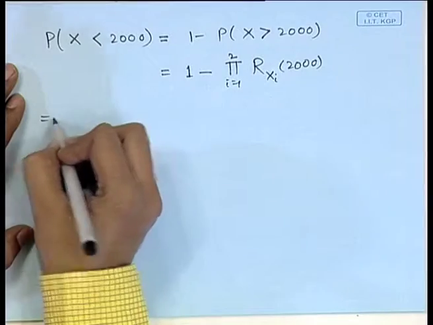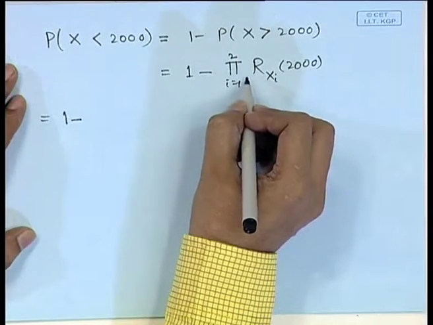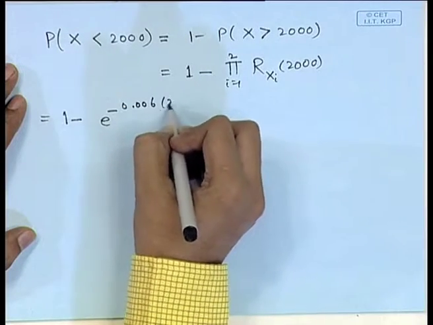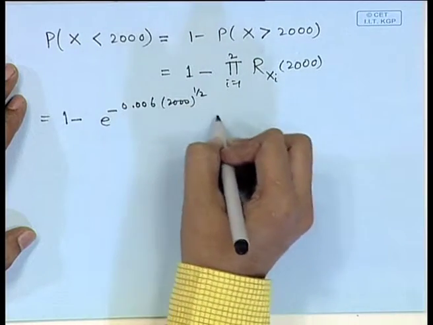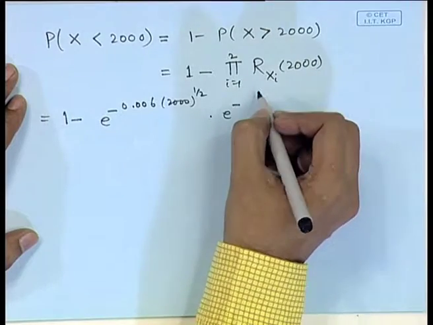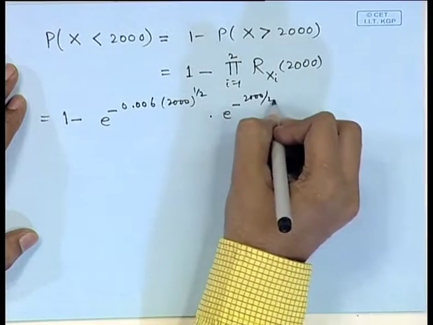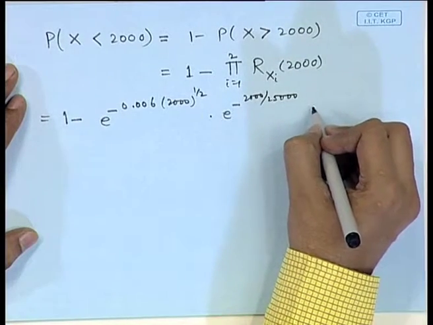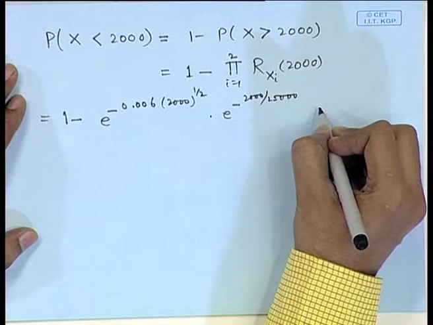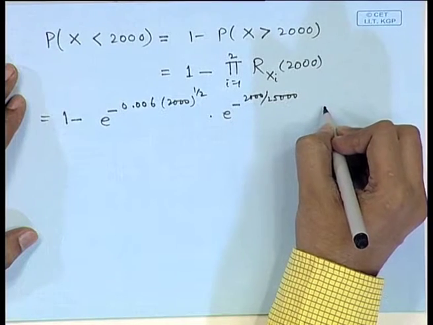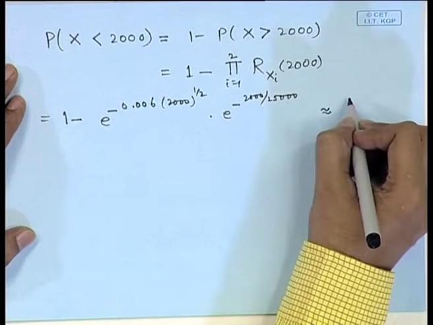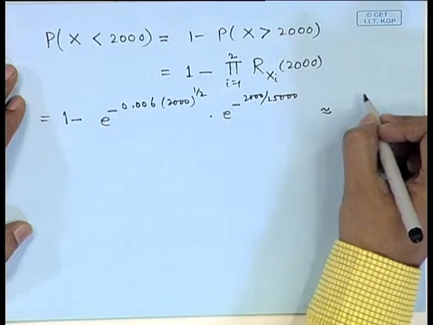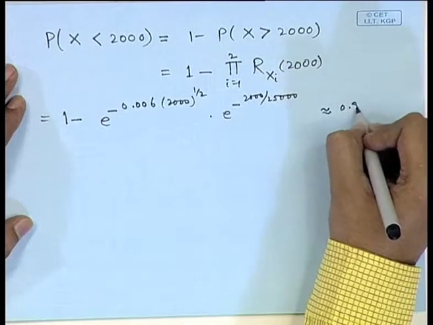So, we substitute the values: 1 minus e to the power minus 0.006 times 2000 to the power half, times e to the power minus 2000 divided by 25,000. After some simplification, this value is approximately 0.98.